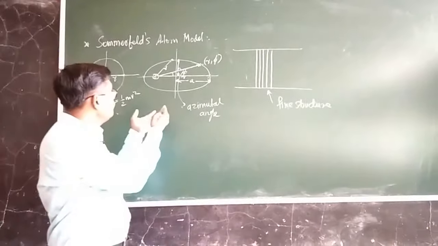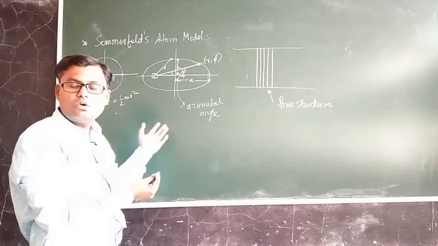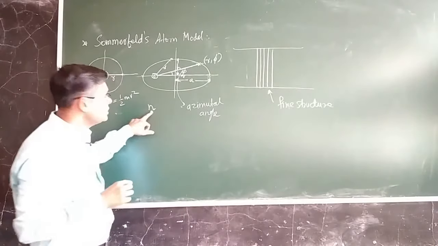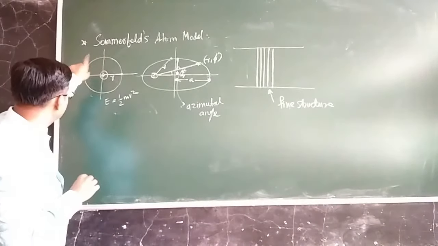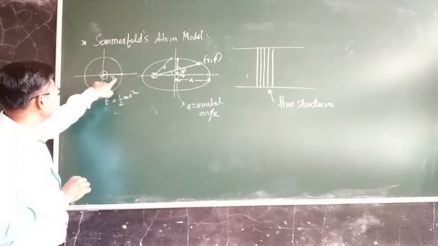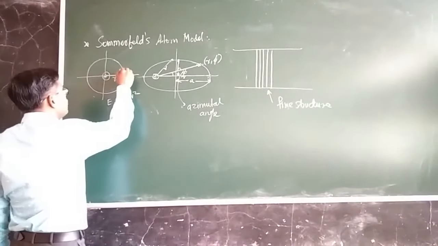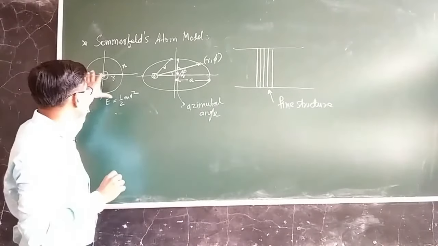But how could we incorporate these assumptions into the quantum idea? Bohr gave the quantum number n and said that the energy depends on this quantum number. In the case of a circular orbit, since r remains constant and there is only one variable, we assume a quantum number n associated with the circular motion.